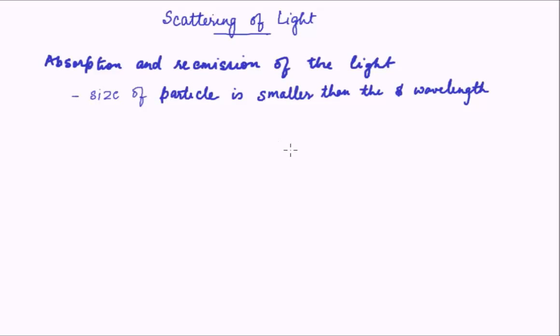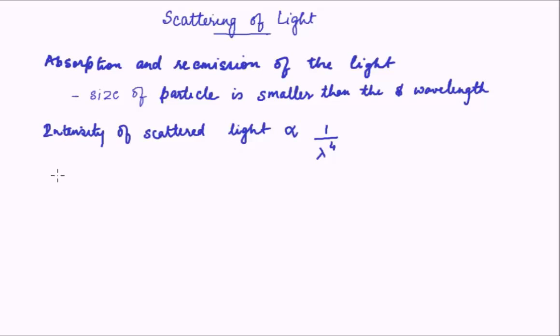Now, a scientist who goes by the name of Rayleigh studied this phenomenon and found that the intensity of scattered light is proportional to inverse of fourth power of the wavelength.